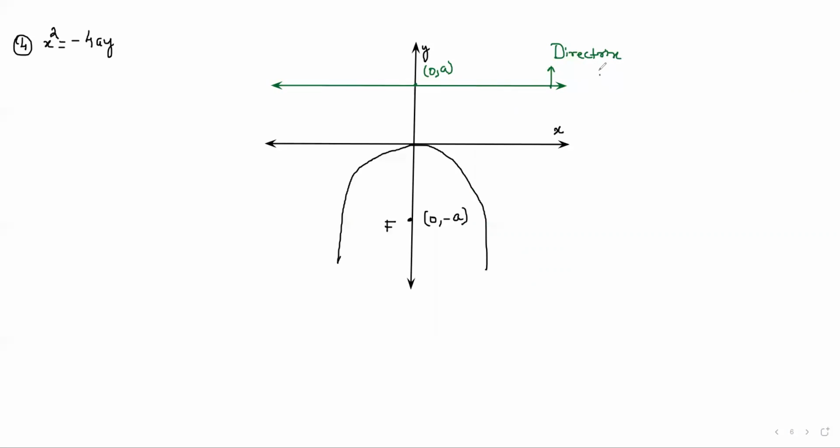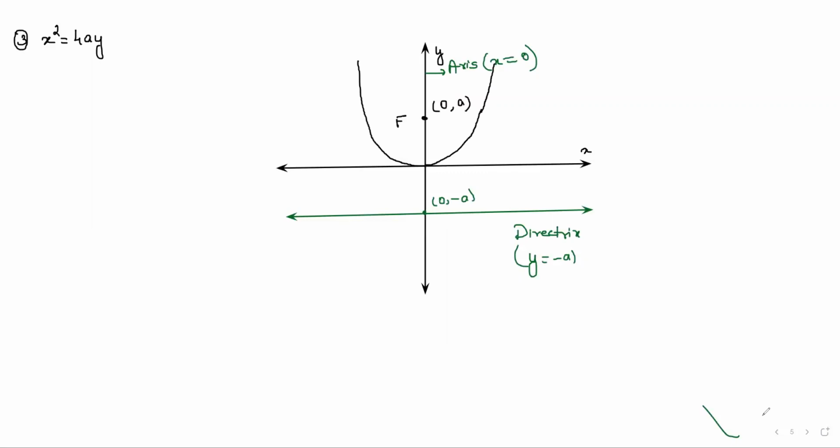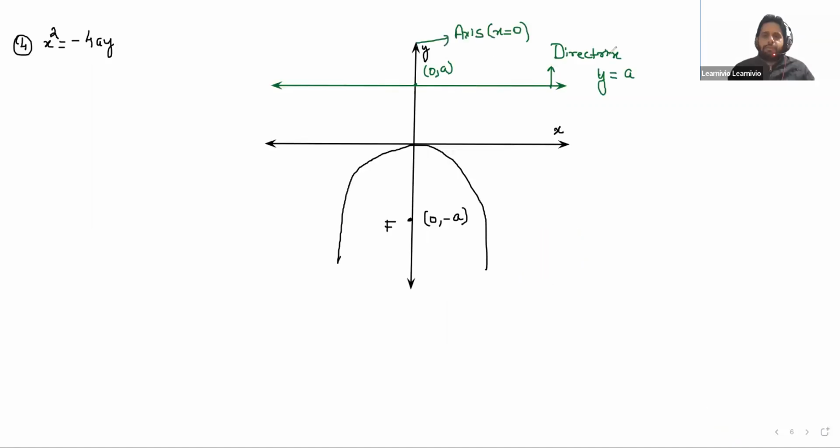Oh, okay, sir, sorry. Directrix y is equal to a. This is the axis. Equation is x is equal to 0. Please complete this and let me know, then we will start some questions.